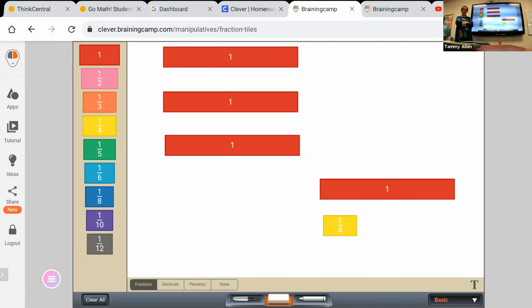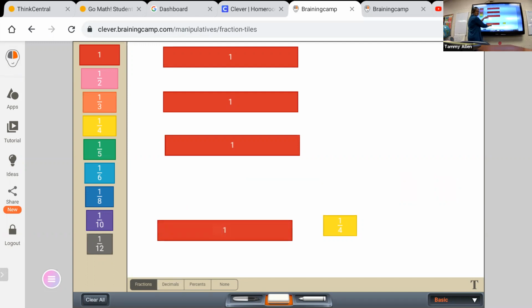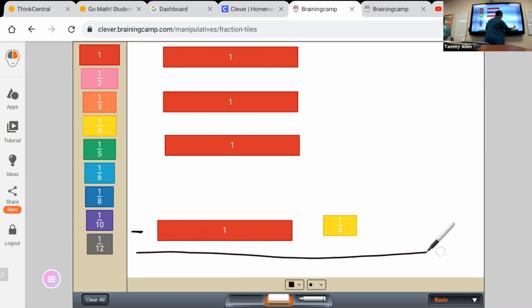Now for starters, we can't take the 4th away from any of this business, right? So here's how I want to line it up. Let's move this whole amount over here because it needs to be subtracted from the whole amount, right? Does that make sense? Okay, so my subtraction goes here. Here's my line. So 3 minus 1 1/4. Does that make sense?